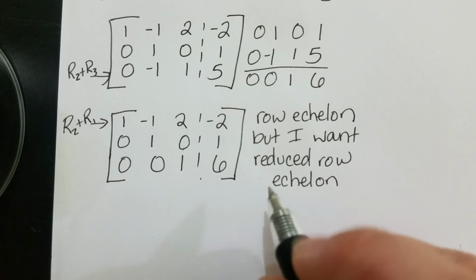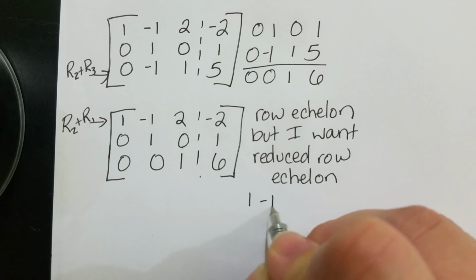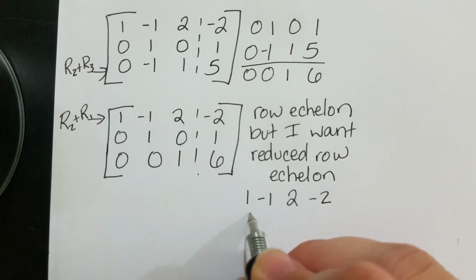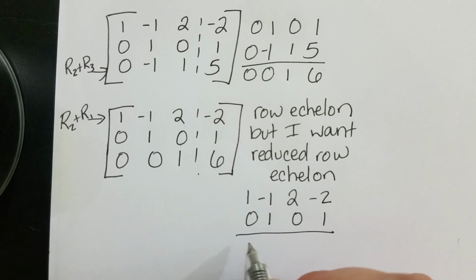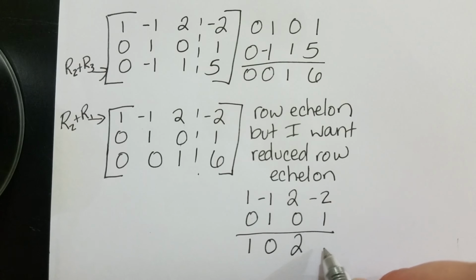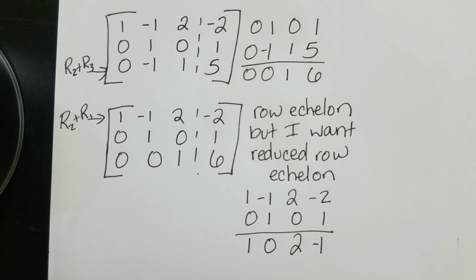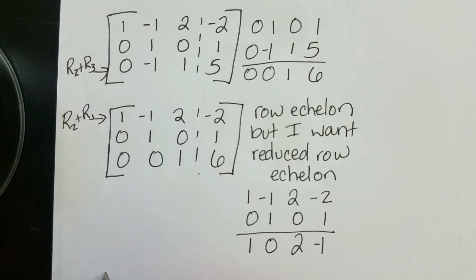Usually I do that off to the side. I have 1, negative 1, 2, negative 2, and I'm adding row 2 to that, 0, 1, 0, 1. And I get 1, 0, 2, negative 1, sorry. Okay, so that's my new row 1.